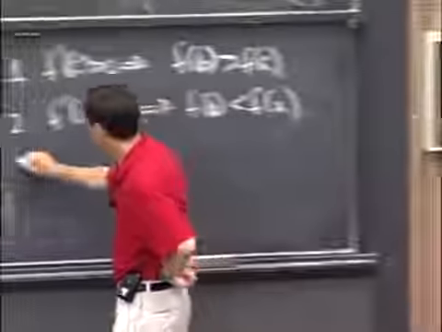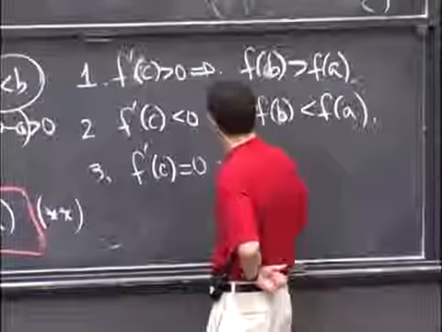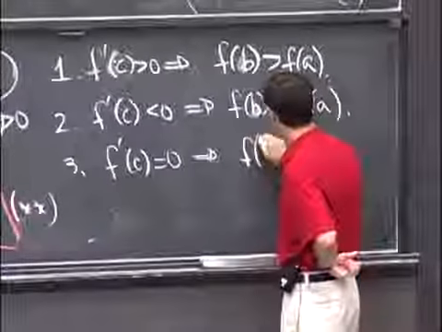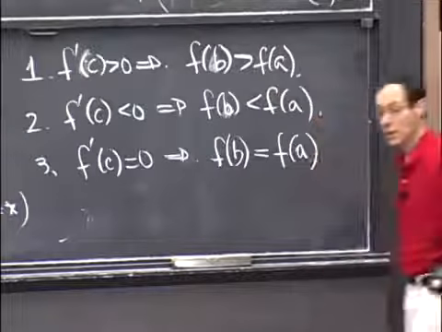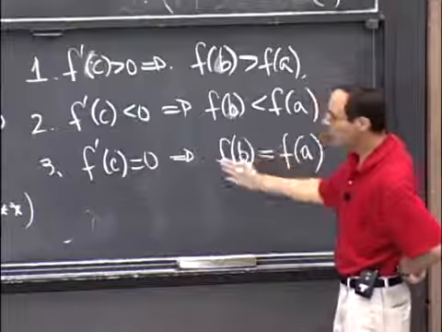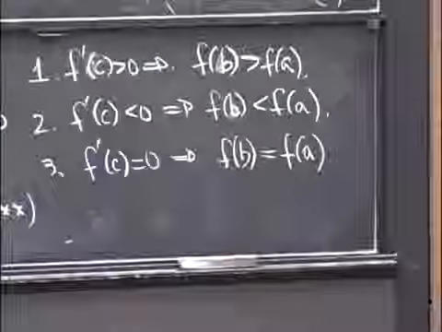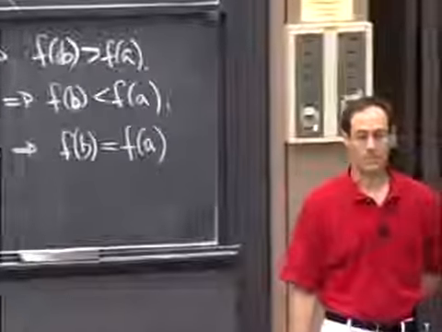And finally, if f prime of c is 0, then f of b is equal to f of a. Which, if you apply it to all possible intervals, means if you can do it for every interval, which you can, then that means that f is constant. It never gets to change values.